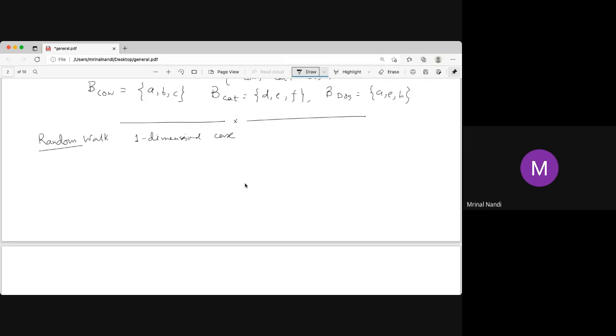From the random walk we checked some conditions, that the conditional probability of X_{n+1} given X_n equal to i and the previous ones does not depend on the previous; the probability of some future event depends only on the present. Once I say future, past, present, that means there is an ordering in the index set.